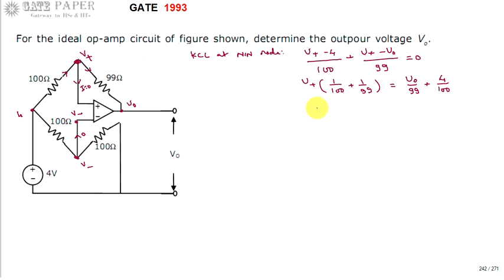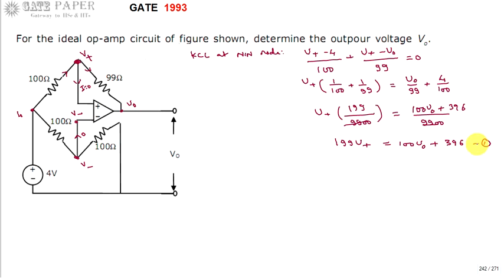So V plus times 199 divided by 9900 is equal to, taking the LCM, (100 V0 plus 396) divided by 9900. So 9900 gets canceled, and we get 199 V plus is equal to 100 V0 plus 396. This is equation 1.